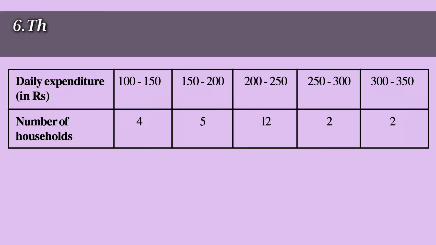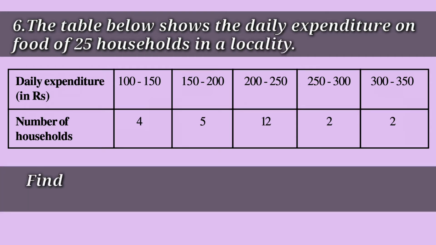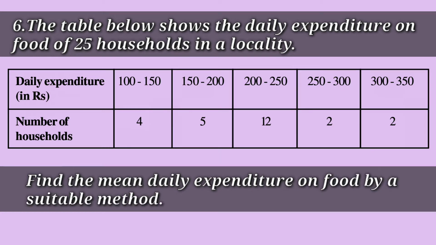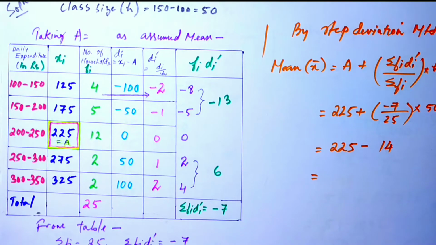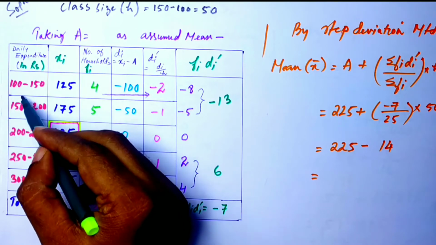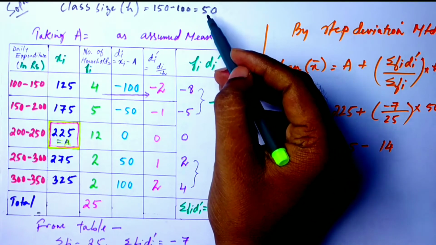We have a question. The table below shows the daily expenditure on food of 25 households in a locality, where the table is given here. Find the mean daily expenditure on food by a suitable method. Let us solve it. Here we have class size as h, 150 minus 100 is 50.